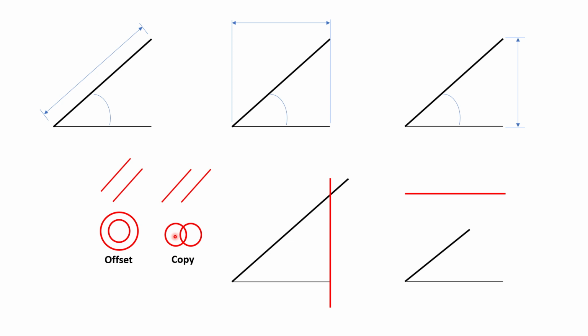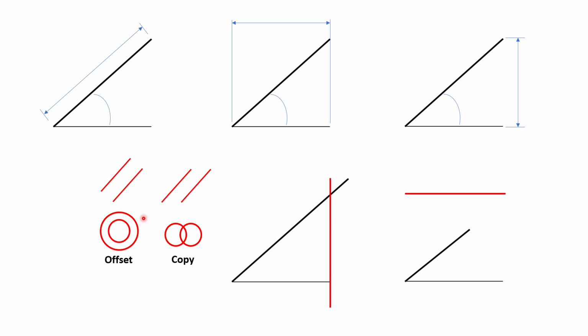With a copy, however, you are copying a circle. It doesn't matter where you copy it, the circle size stays the same. So it really depends on the application. Sometimes, in this particular case, copy and offset work the same way. But for anything else, keep in mind that it will be different.